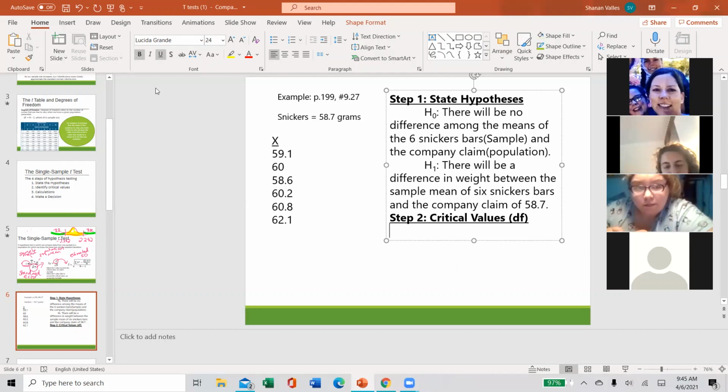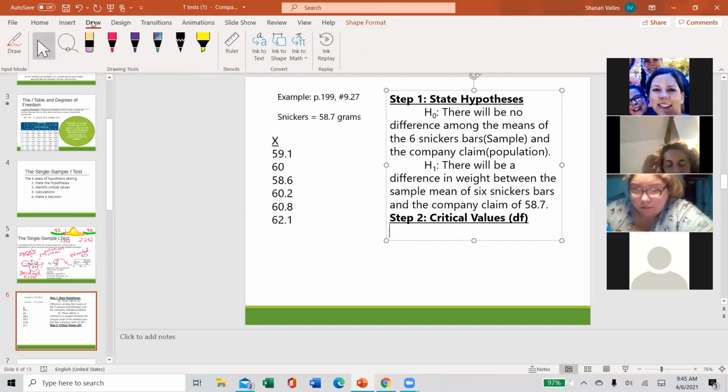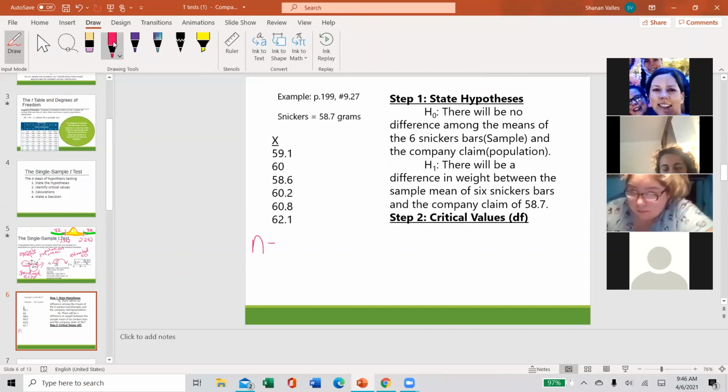So our degrees of freedom is n minus 1. What is our n in this example? Anyone have a guess? Is it any of the X's? That's right, it's all of them.